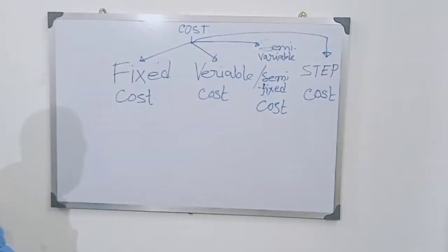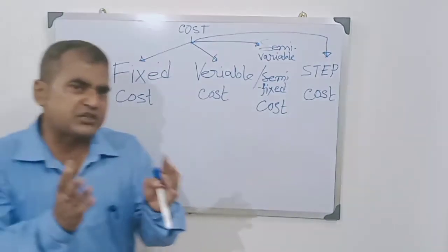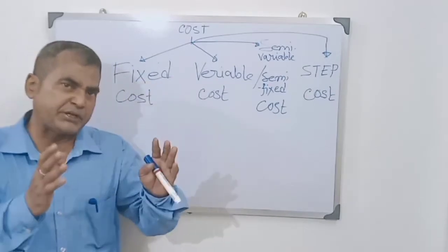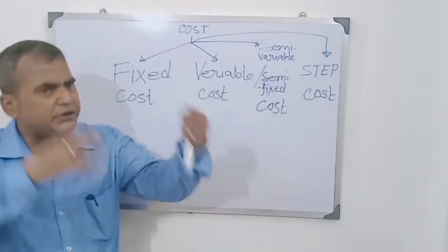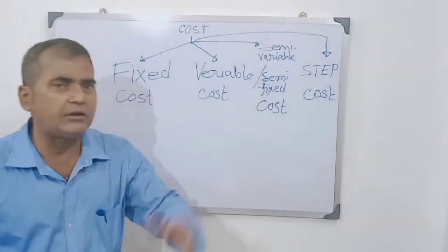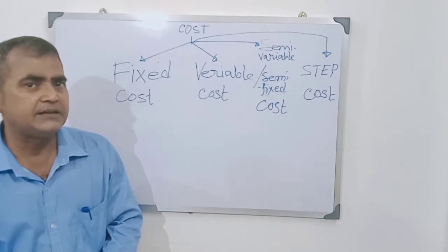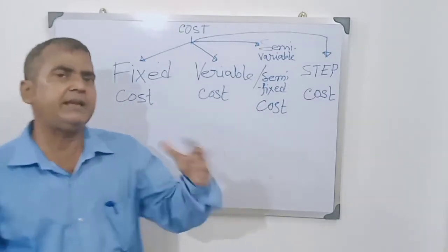Let us discuss fixed cost. Fixed cost is fixed. Whatever units you produce, it remains fixed. Examples are rent of the factory premises, depreciation on the machinery, and others.